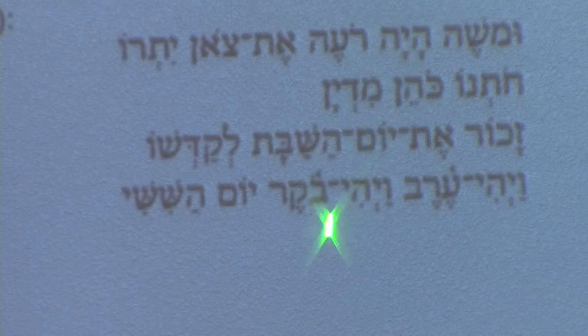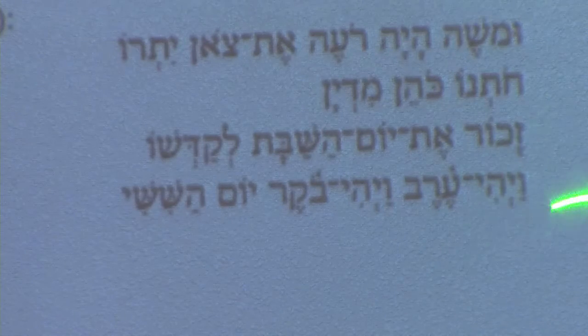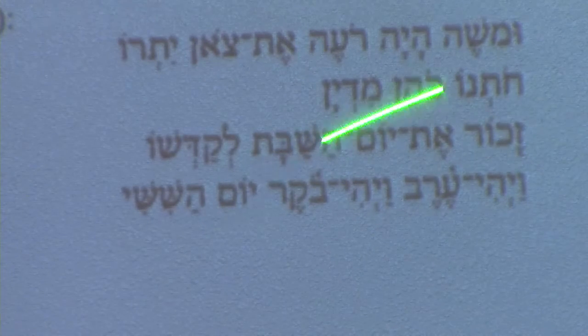Zachor et yom hashabbat lekadsho. Kadosh is the root of it. Remember to, and you've already learned zachar, I think. Remember? Zachor, remembering to keep the day, the seventh day. Okay? A direct object. So remembering, this is what we're remembering: the seventh day, to keep it holy.